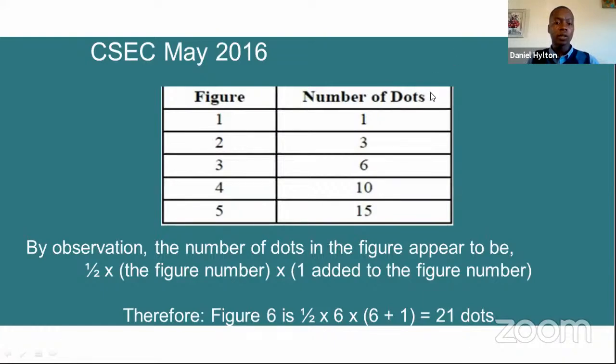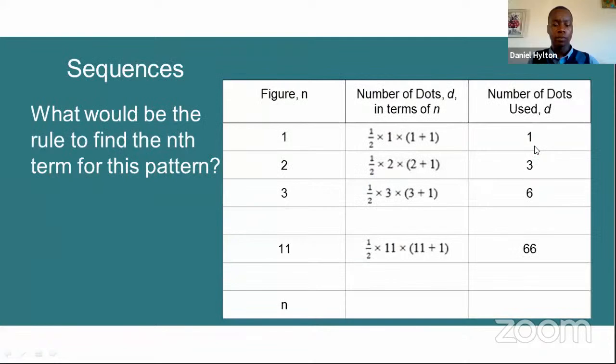All right, let's go a little bit further with the question. So what would the expression for the nth term be? So analyzing the information given, what would the nth term be?